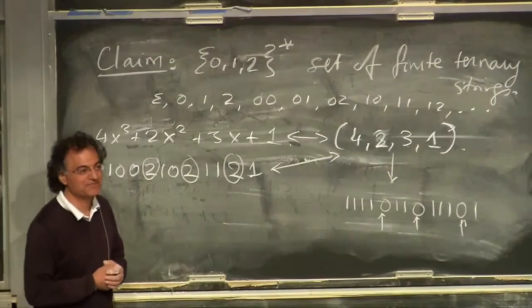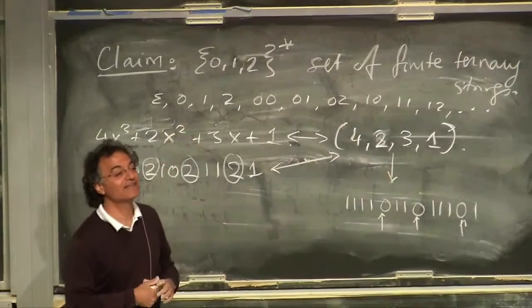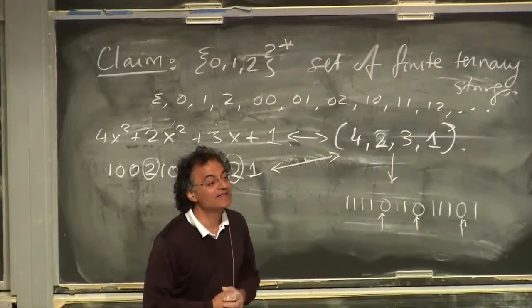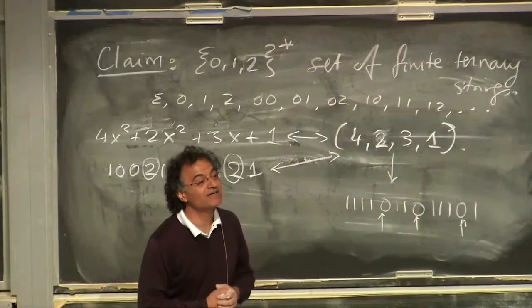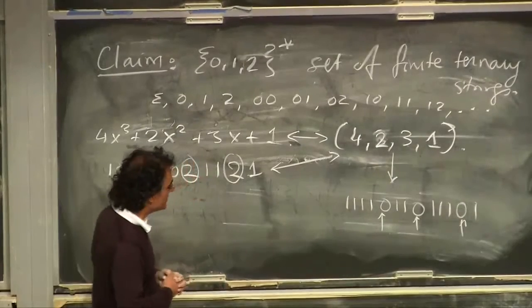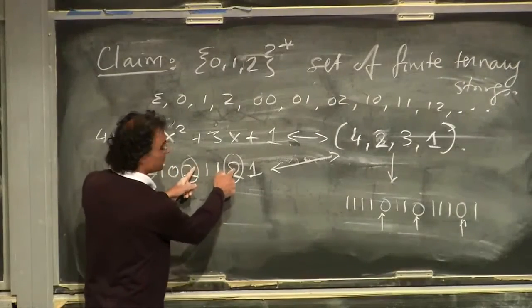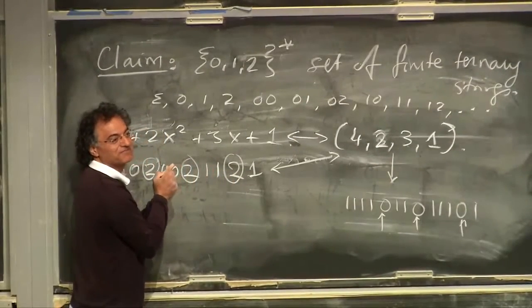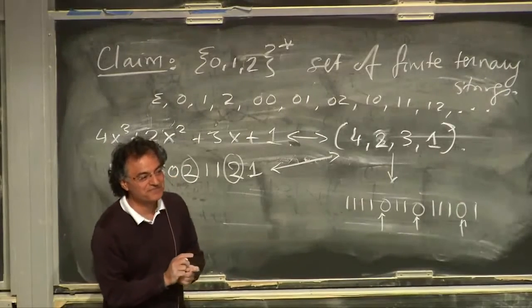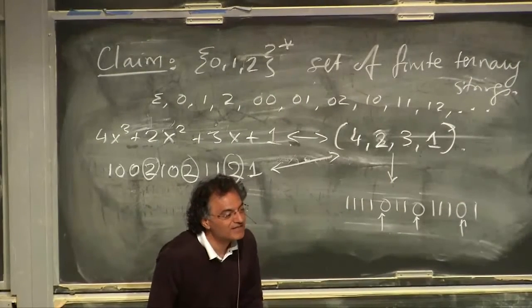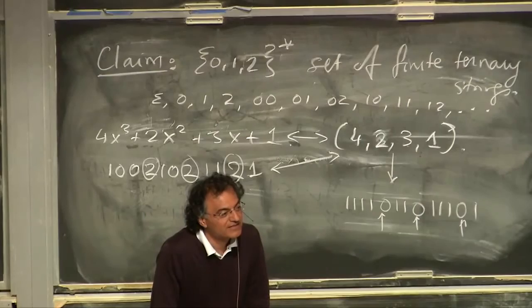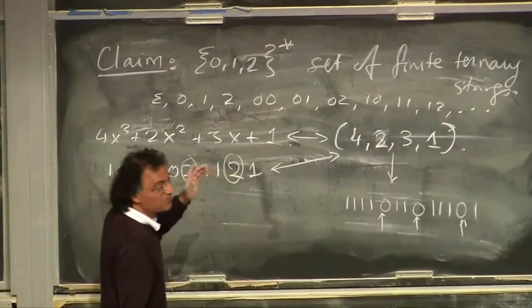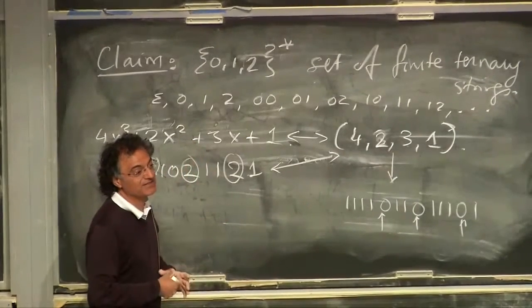Oh, what if it was 0? Then you would just have two 2's next to each other. Are we also considering polynomials of infinite degree? No, a polynomial is just a finite degree.